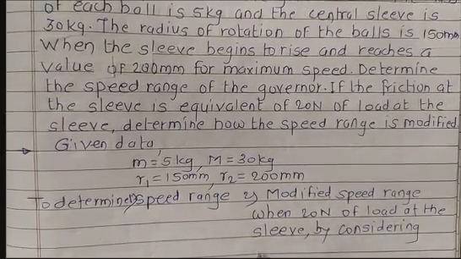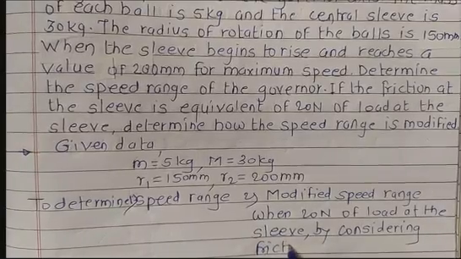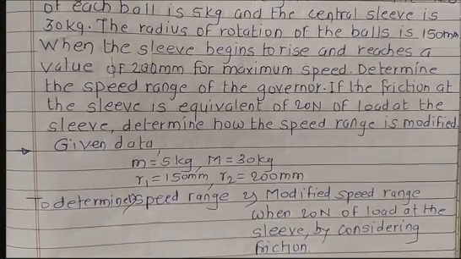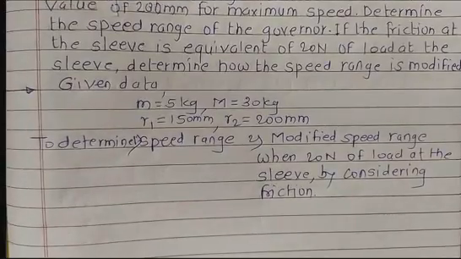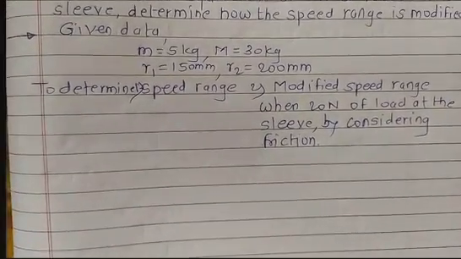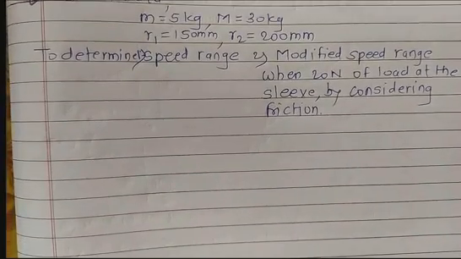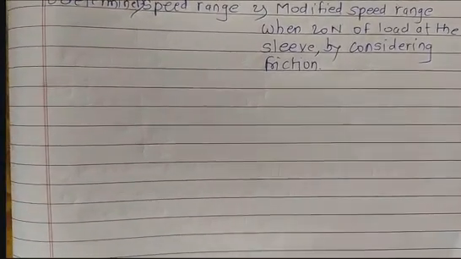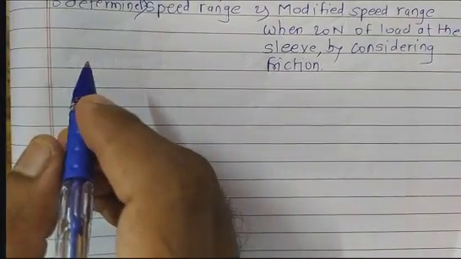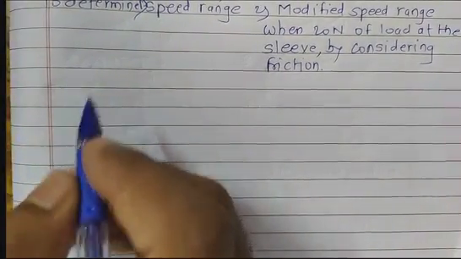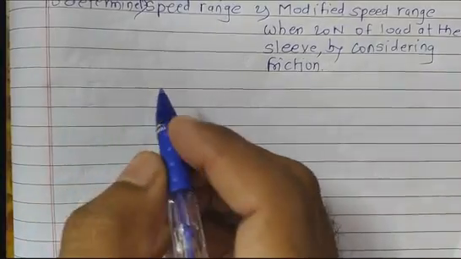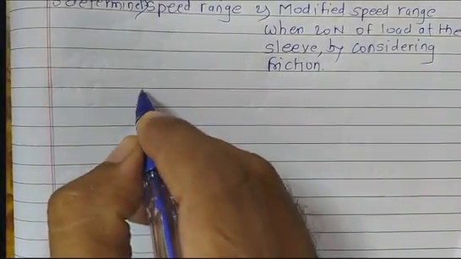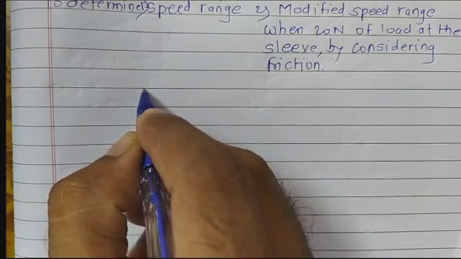Considering friction, now first of all, draw the configuration diagram as per the data available with us. Corresponding to the minimum radius of rotation and maximum radius of rotation, first of all, draw the configuration diagram.